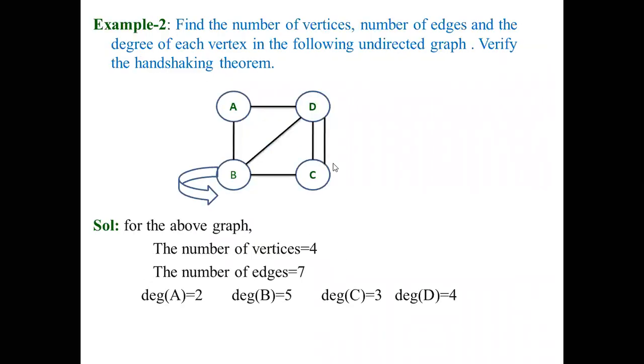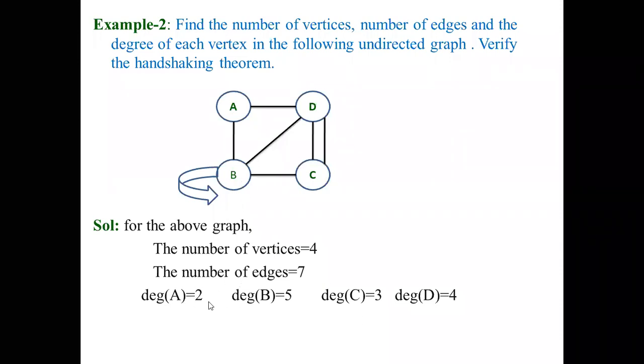So next one, find the number of vertices, number of edges, and the degree of each vertex in the following undirected graph. Verify the handshaking theorem. Okay. So in this graph, the number of vertices is 4. Number of edges are 1, 2, 3, 4, 5, 6, 7.